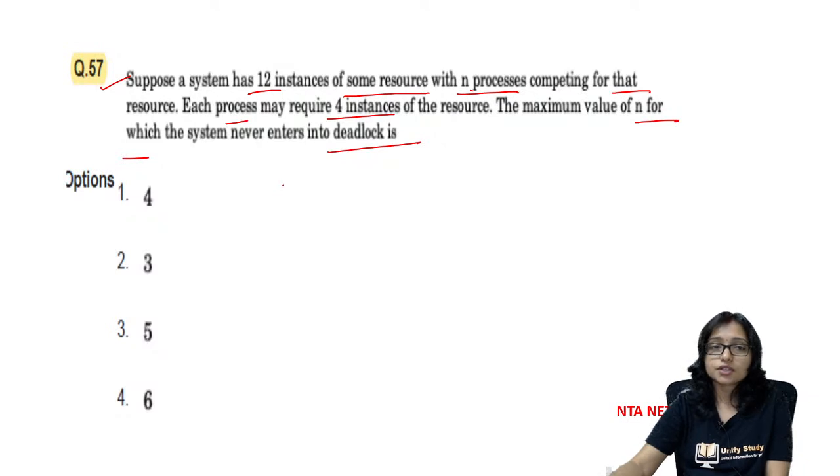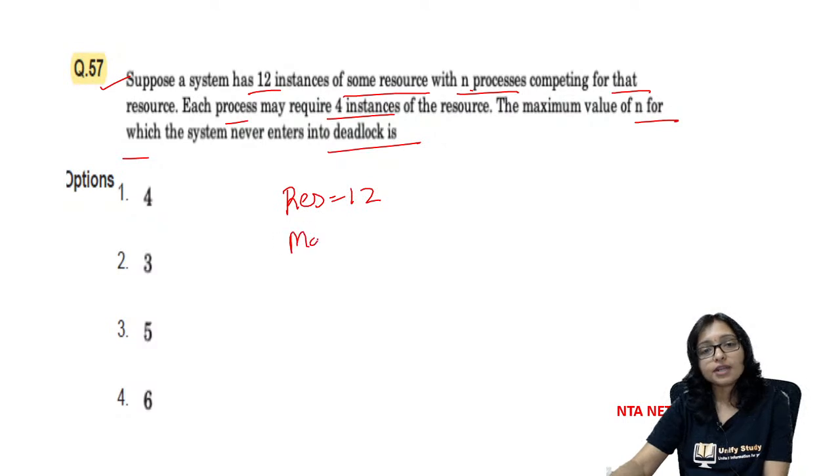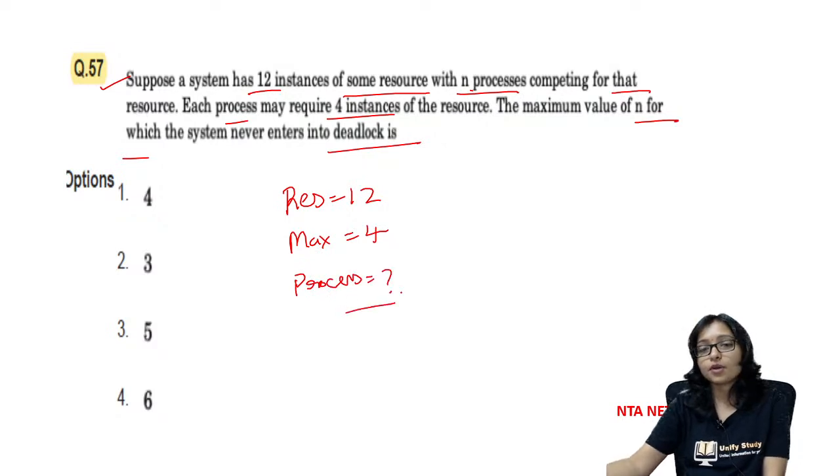The number of resources is given as 12 and the maximum need is given as 4. Here it is asking for the number of processes again.